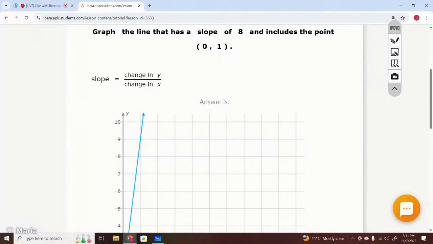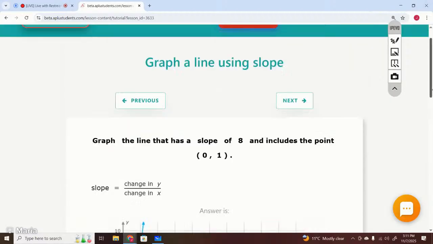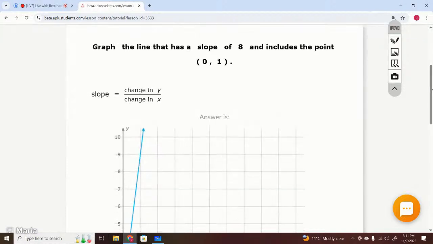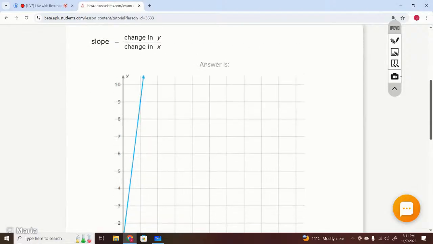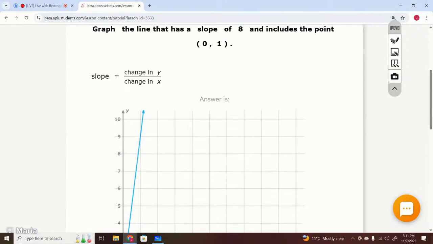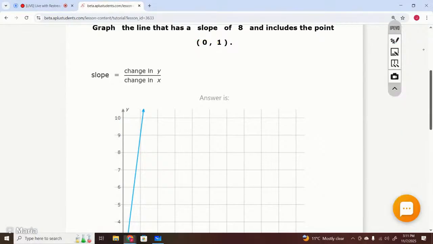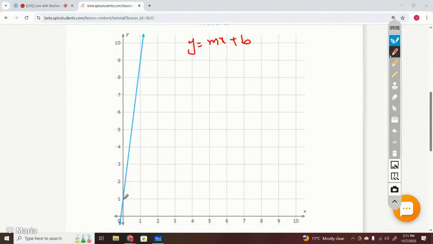So the slope is change in y divided by change in x, right? So basically we have to start from the point 0, 1. x is 0, y is 1. So when x is 0, the point would be on the y-axis. So here is the point 0, 1, right?